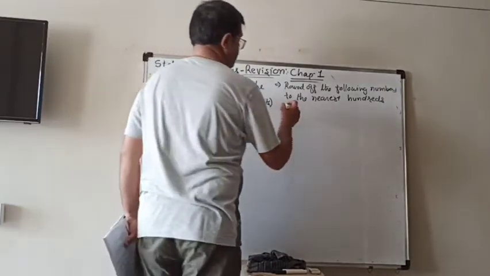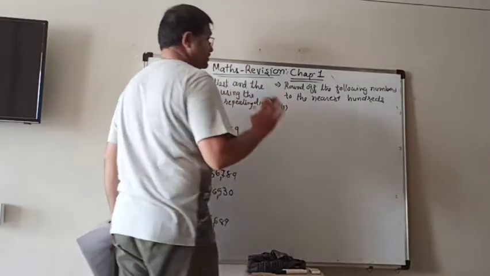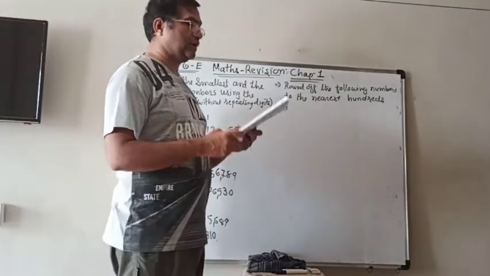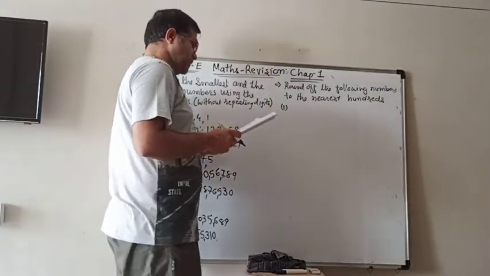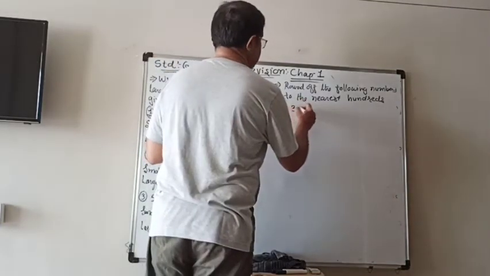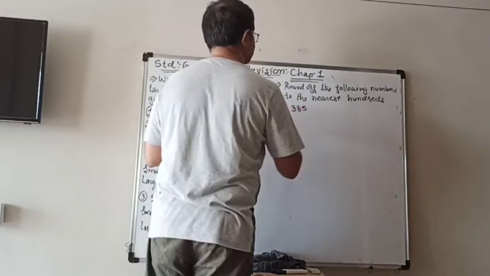So now we have to write down the nearest hundreds number of the given number. Let's take 385.